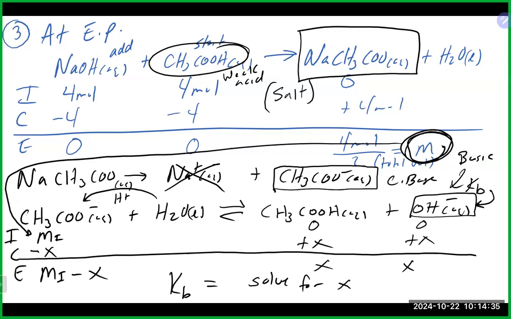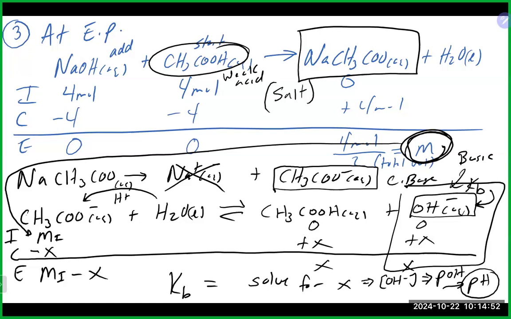By the way, when I solve for x, what does x equal in this case? X equals the hydroxide concentration. So when you solve for x, that is the hydroxide concentration, which means you got to go pOH first and then pH, yeah? So you can see it's a lot different than the previous titration where essentially you got a pH of 7 because you have a neutral salt.